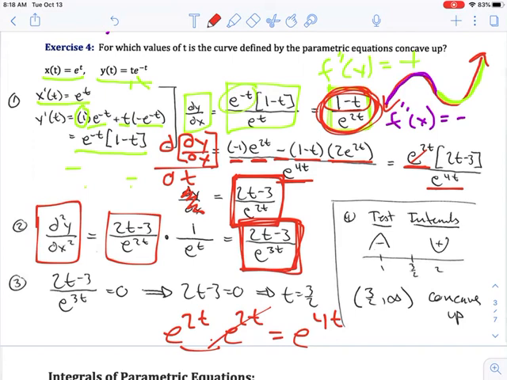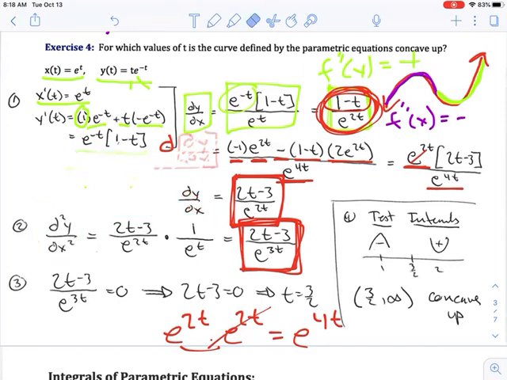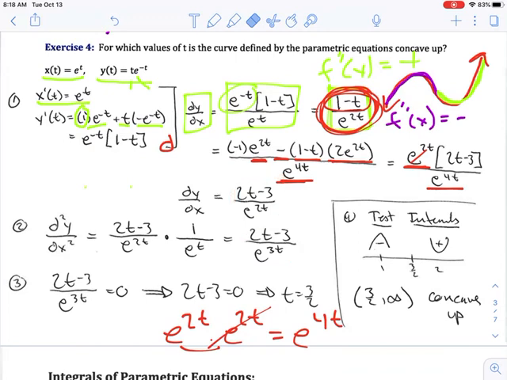So again, just to make sure we're all on the same page here, this right here is actually the derivative of dy/dx with respect to t. I want to clarify that again. I forgot to write all of the notation when I wrote this.